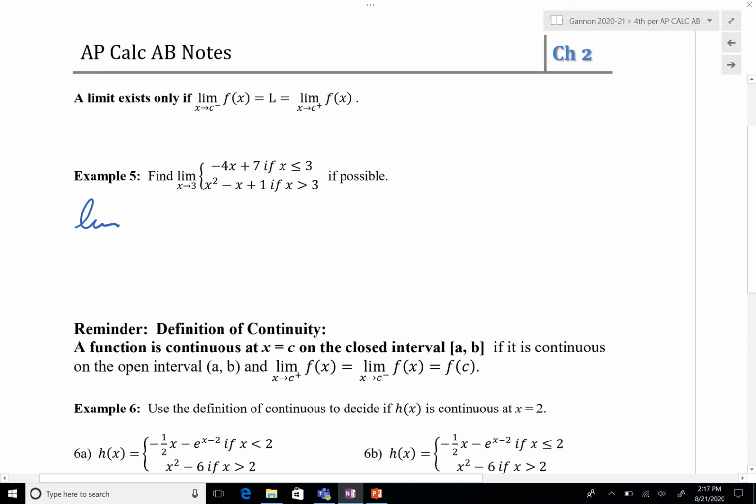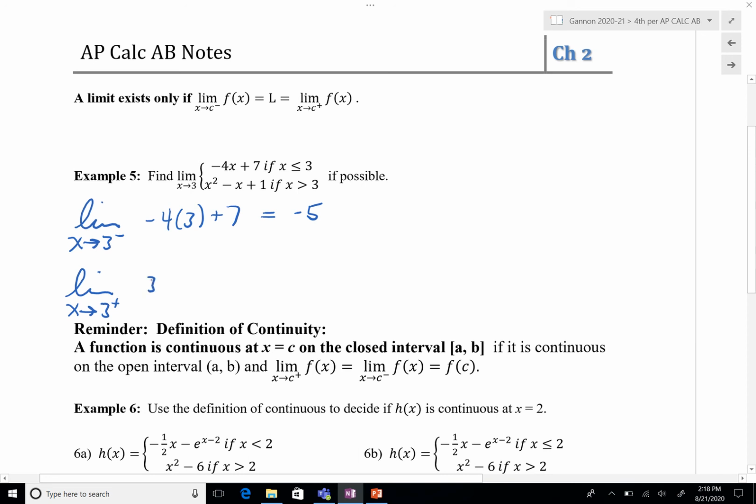So for the left-handed limit, the limit as x approaches 3 from the left, I'm going to use the top function. So that's going to be negative 4 times 3 plus 7, which is going to give me negative 12 plus 7, which is negative 5. If I use the right-handed limit, the limit as x approaches 3 from the right, I'm going to use values that are larger than 3, which corresponds to the bottom function.